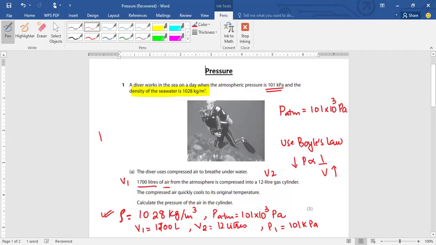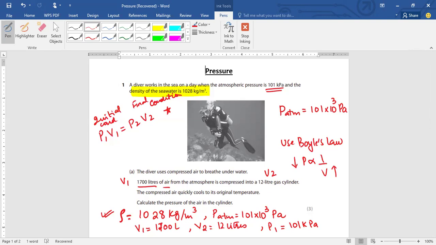So if we have initial and final states, P1 V1 equals P2 V2. This is the initial condition, and after the change, there will be a final condition. This is the mathematical expression of Boyle's law, P1 V1 equals P2 V2.